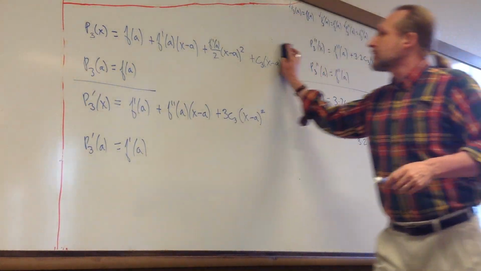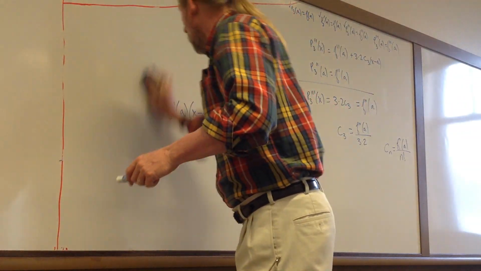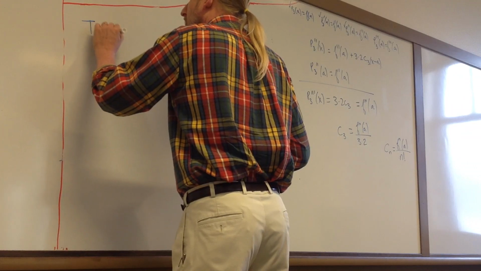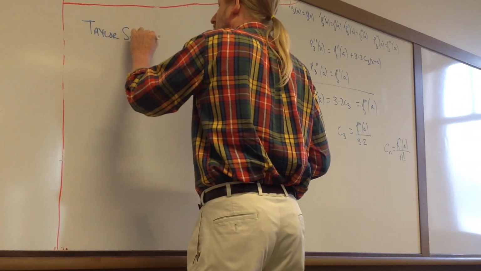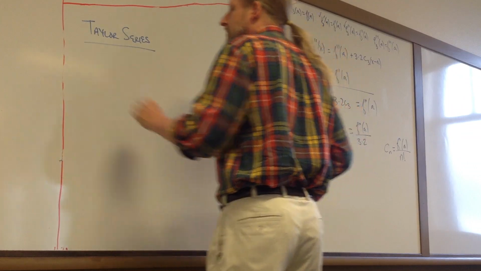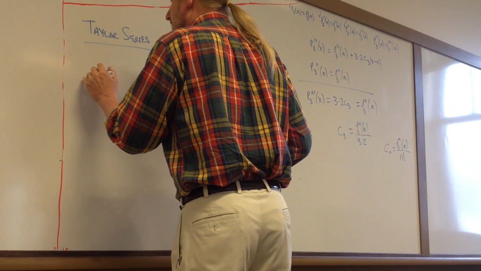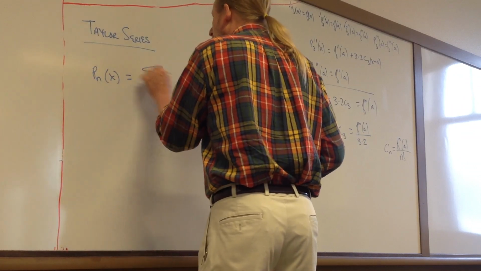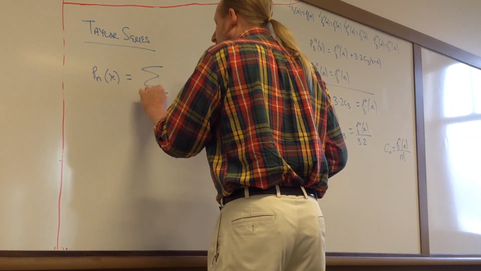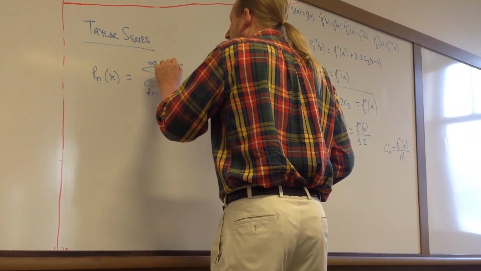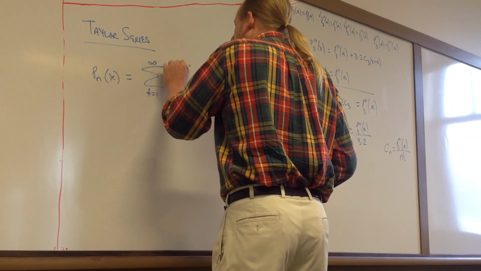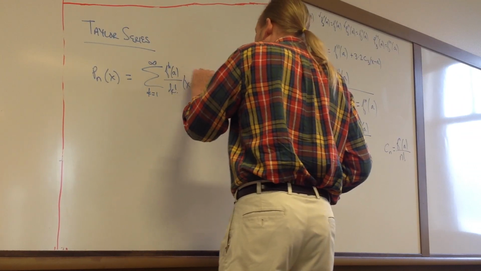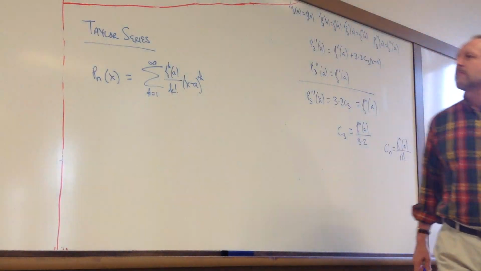So now this is the formula for our Taylor series. And the Taylor series says that the approximation p sub n of x will be the sum as k runs from 1 to infinity of the kth derivative at a over k factorial times (x minus a) to the k power.